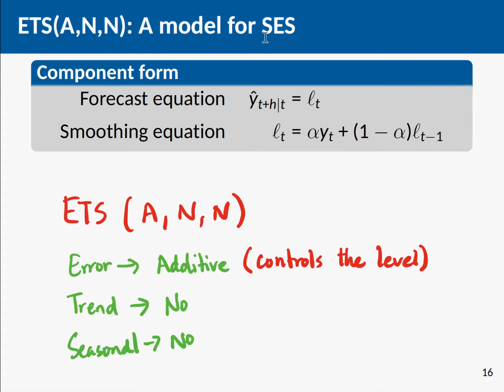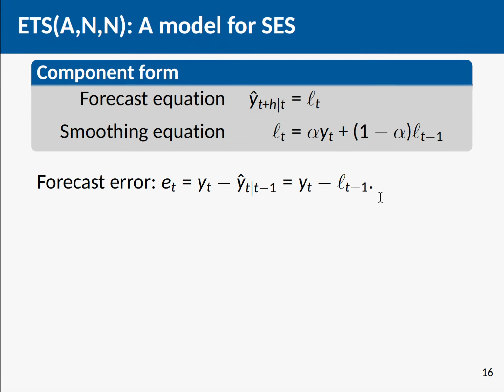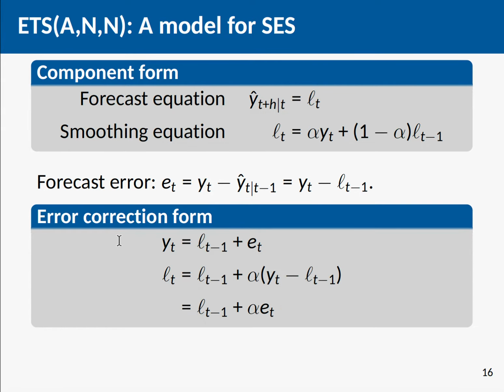But when we're thinking about the simple exponential smoothing models, then we are interested in looking at a model which has an additive error, but no trend or no seasonal component. So that's why you have additive here, which represents the error component, and then nothing for trends and nothing for seasonals. So we did look at how we could rearrange terms and come up with an error correction form for this type of model.